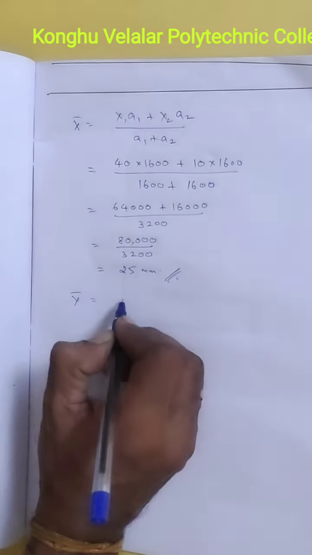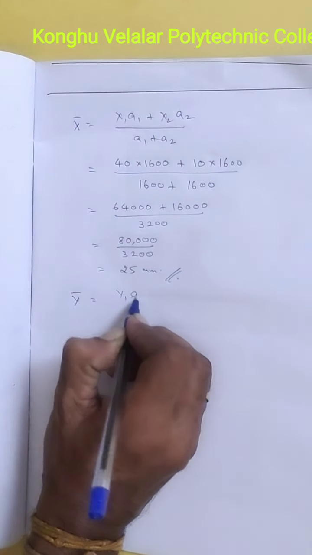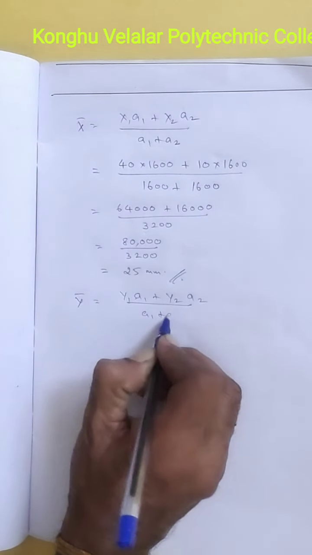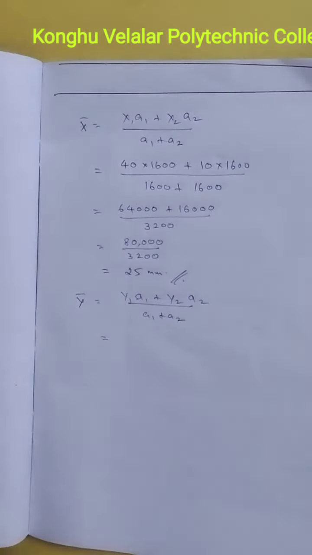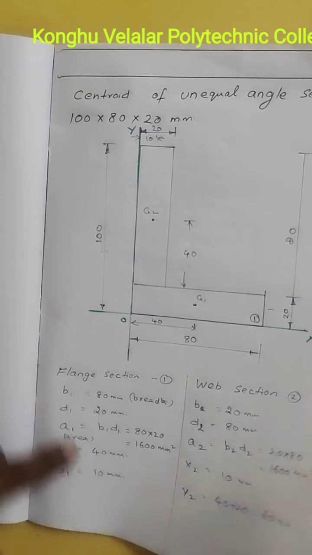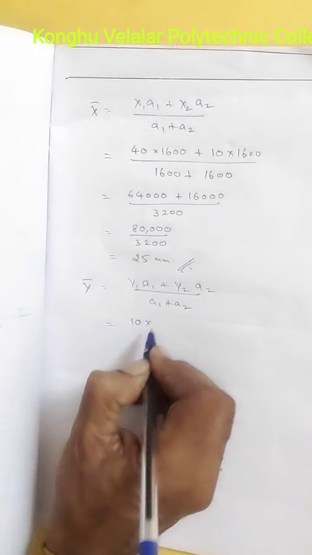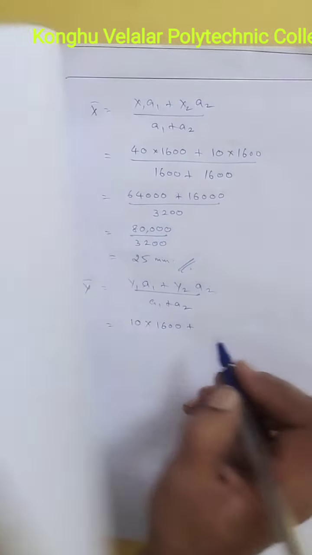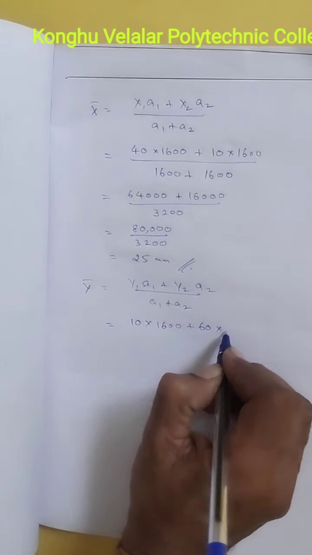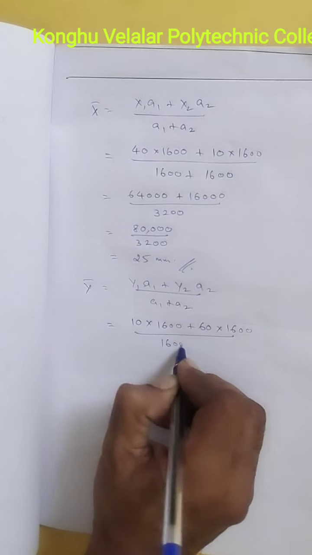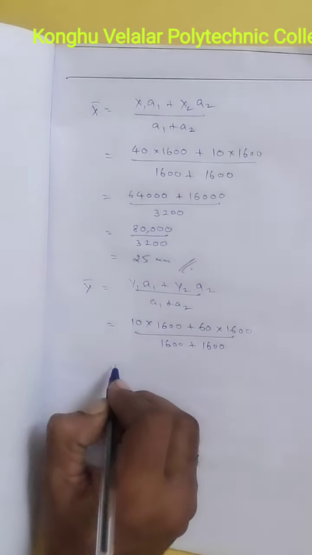Whereas y bar is equal to y1 A1 plus y2 A2 divided by A1 plus A2. So y1 is 10 mm, so 10 into 1600 plus y2, which is 60, into 1600, divided by 1600 plus 1600.